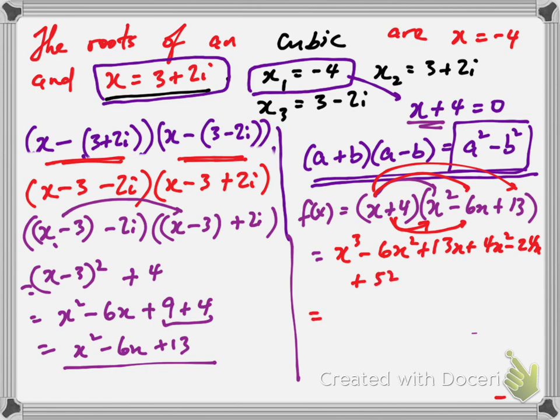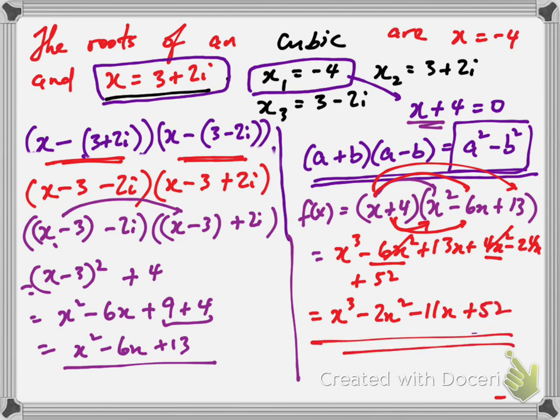If you collect the x squared terms, you end up with x cubed, and then minus 6 plus 4 will be minus 2x squared. Then 13 minus 24 gives you minus 11x, and then plus 52. You can see that you have a cubic function of the form ax cubed plus bx squared plus cx plus d.